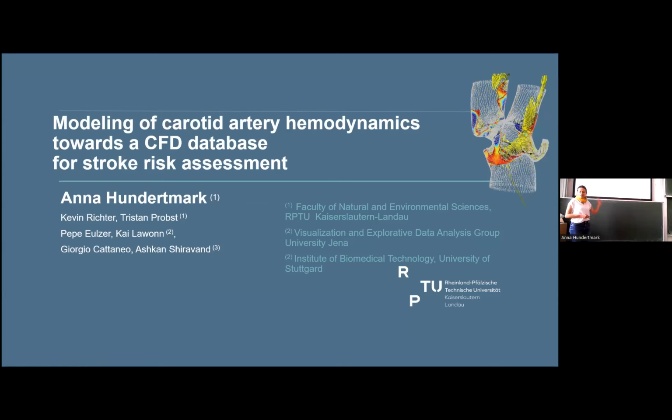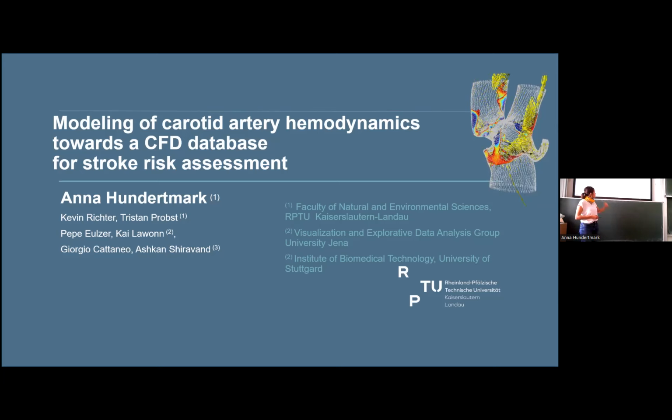This is a joint work with several groups, not only my group. We are a group of numerical simulation at the Institute of Mathematics, at the Campus Landau of the newly founded University of Kaiserslautern-Landau, founded in 2023 through the merger of Kaiserslautern and Koblenz-Landau.